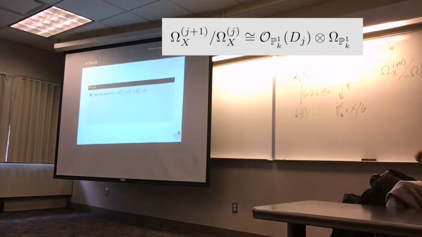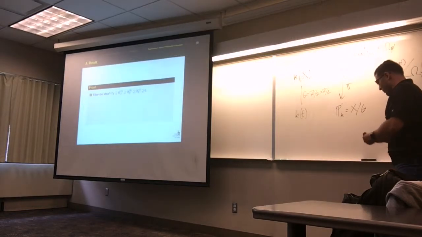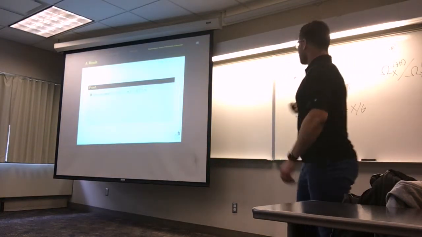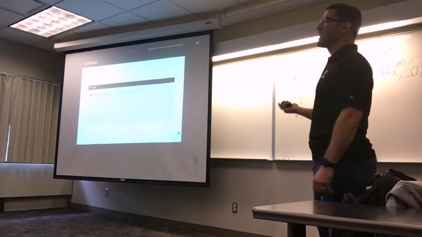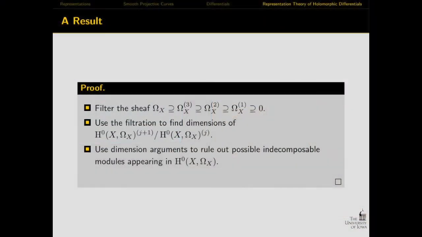So this is the sheaf of relative differentials for the curve P1. What this did for us was it allowed us to use the Riemann-Roch theorem to figure out what that means for the dimension of these quotients.